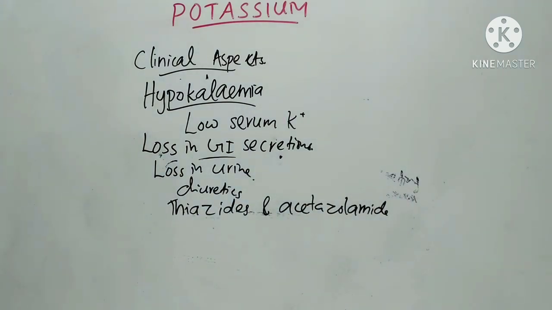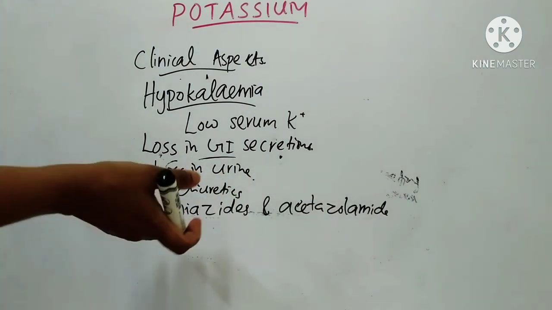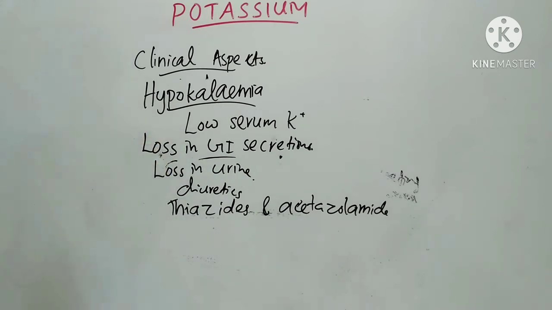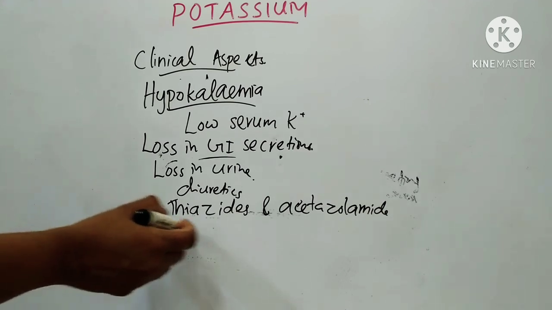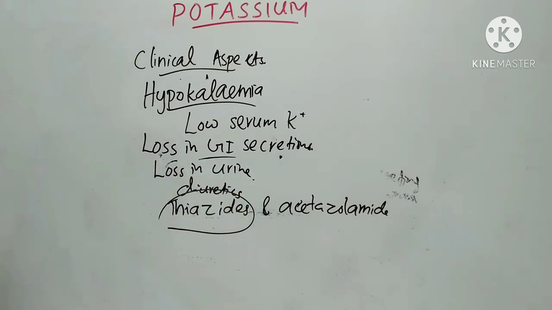In clinical practice, the use of thiazide diuretics is one of the most common causes of low plasma potassium. It can be corrected by potassium intake.